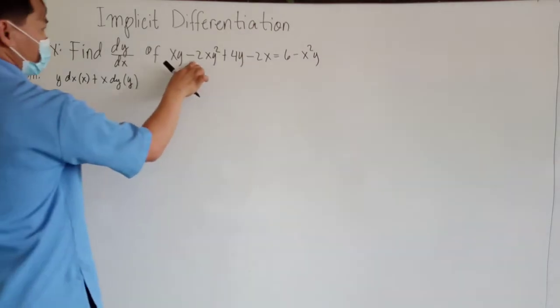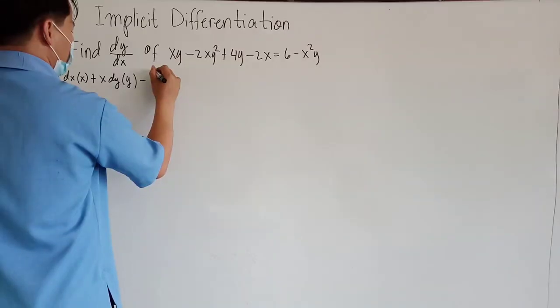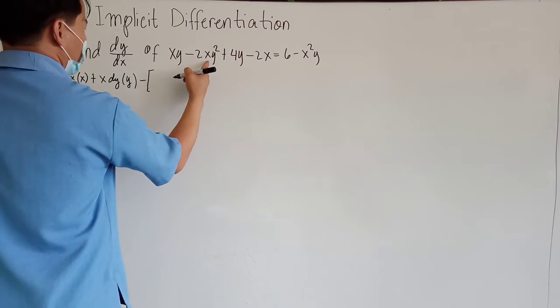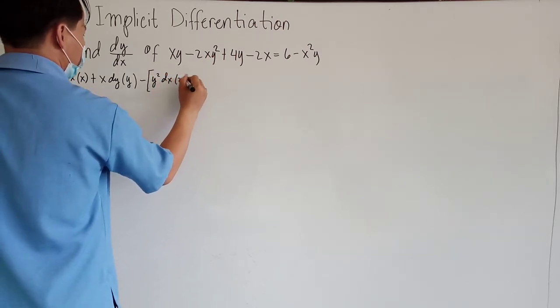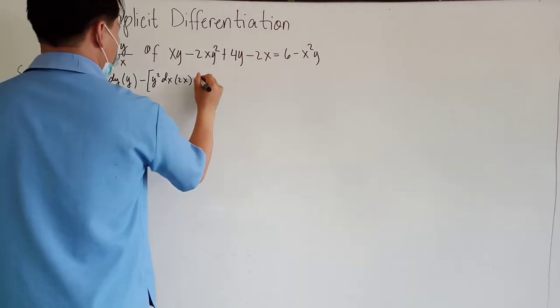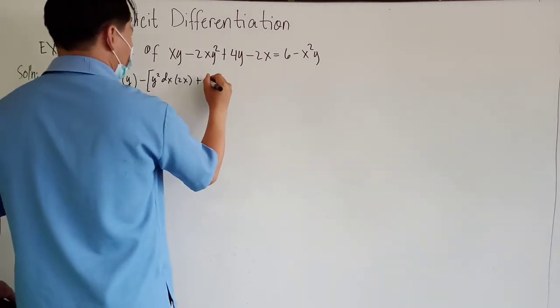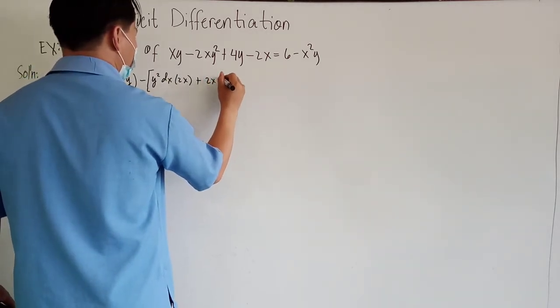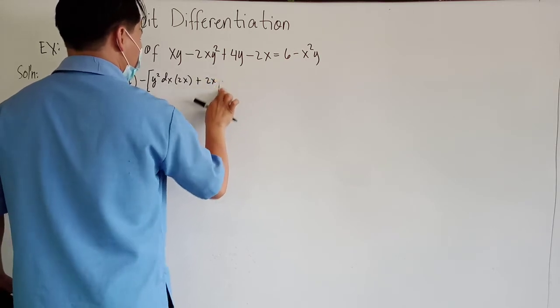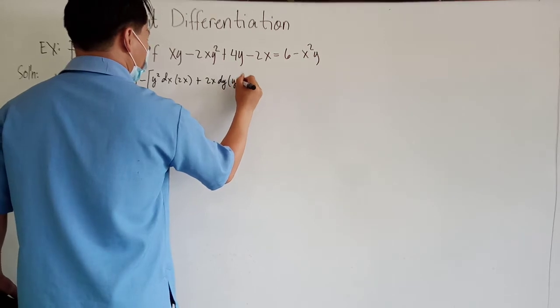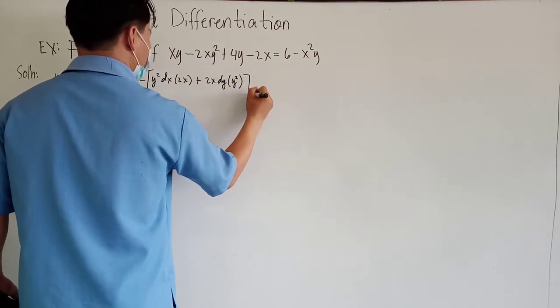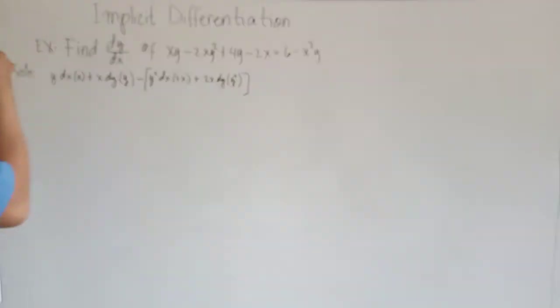Minus the quantity, just copy y squared times dx of 2x. Plus, then copy 2x multiplied by dy of y squared. So that is how we use the product rule.